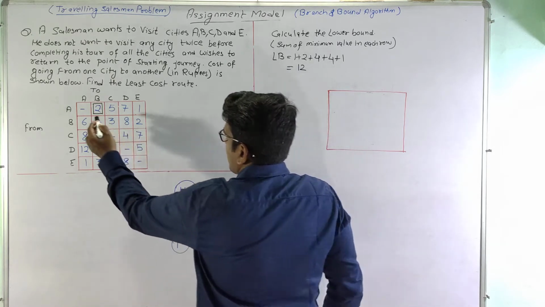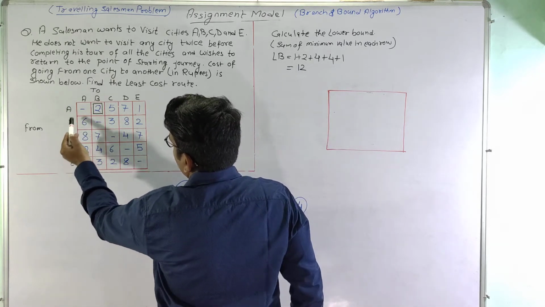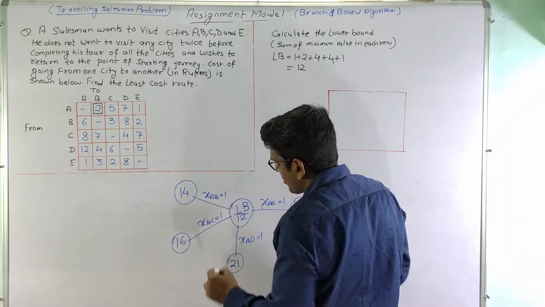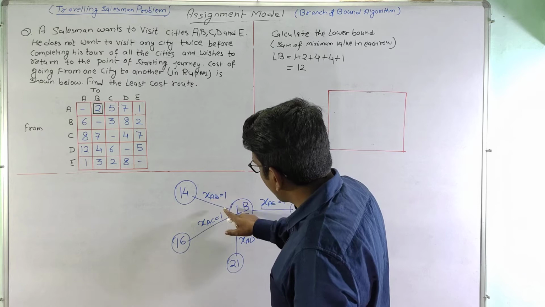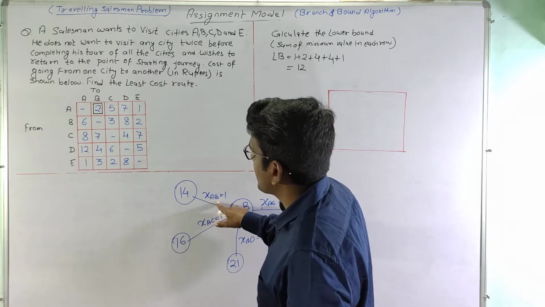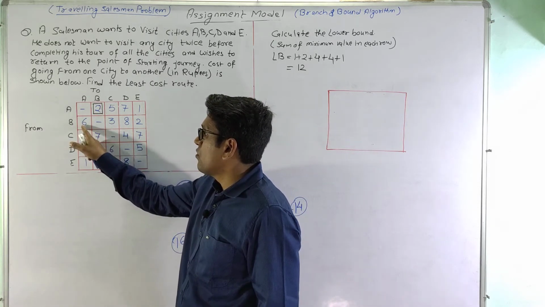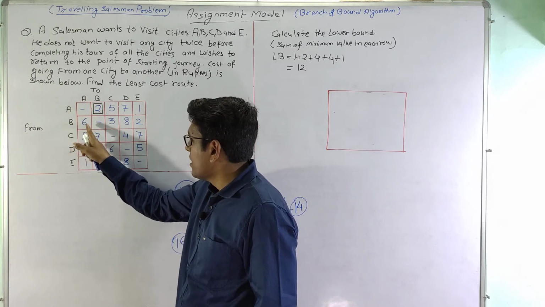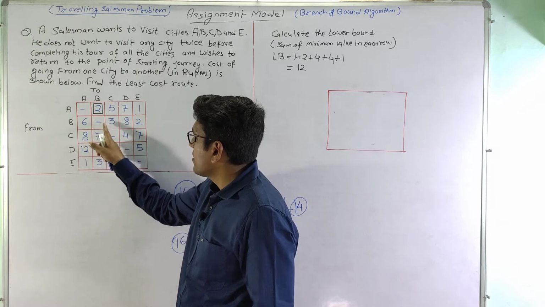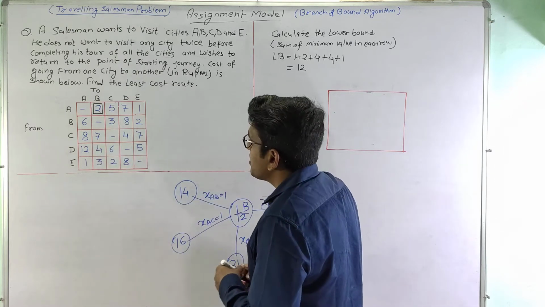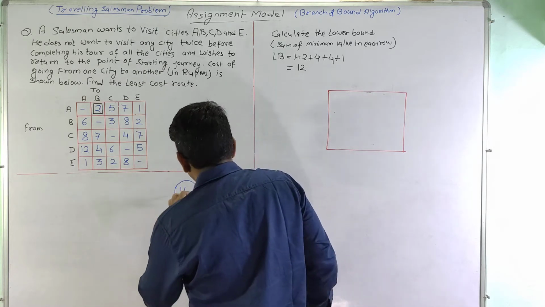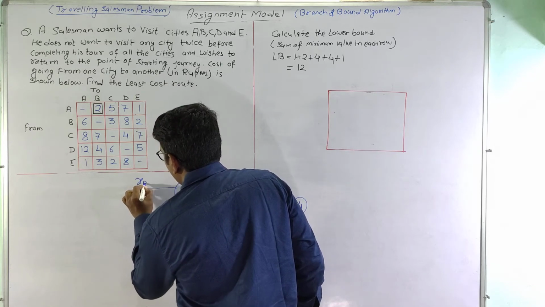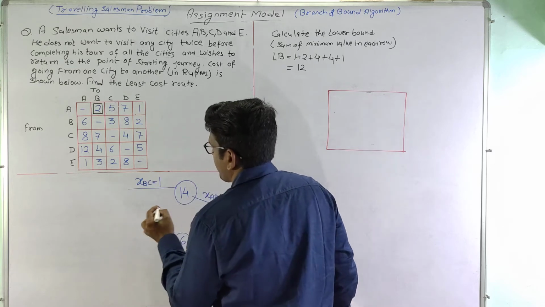So as for this matrix, B can go to A, but which is not feasible, because here it is going from A to B. We have selected this cell, that means it cannot go from B to A. So we have a restriction here, we cannot assign here and we cannot assign here. So we can do either BC, that means after this it may go to BC, that means X BC equal to 1.